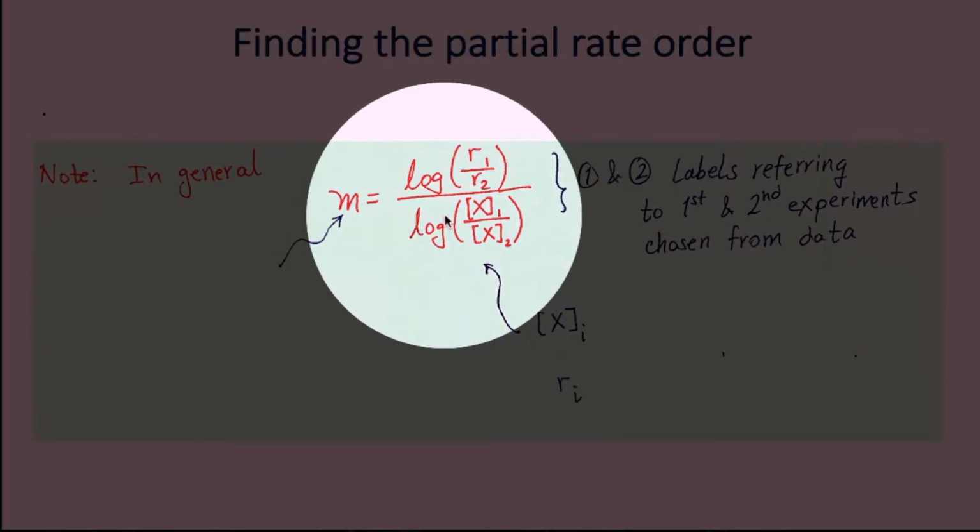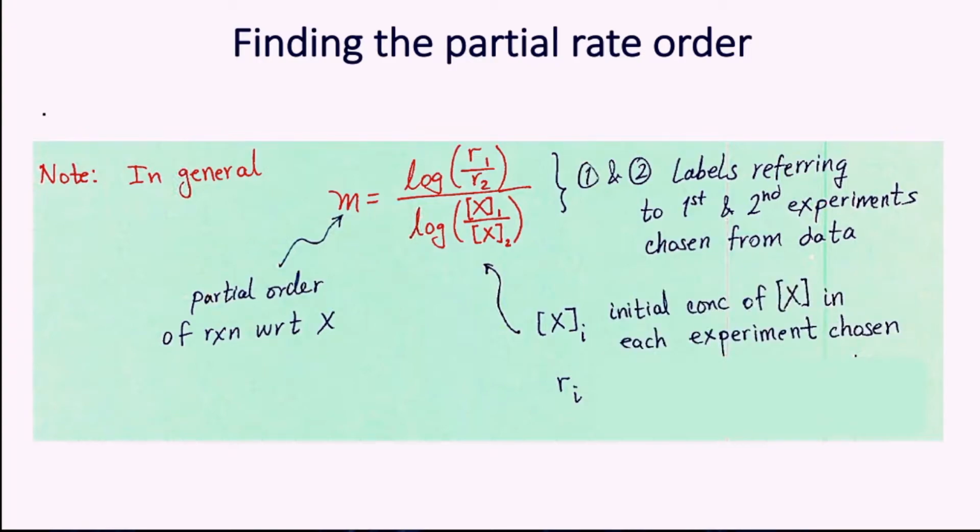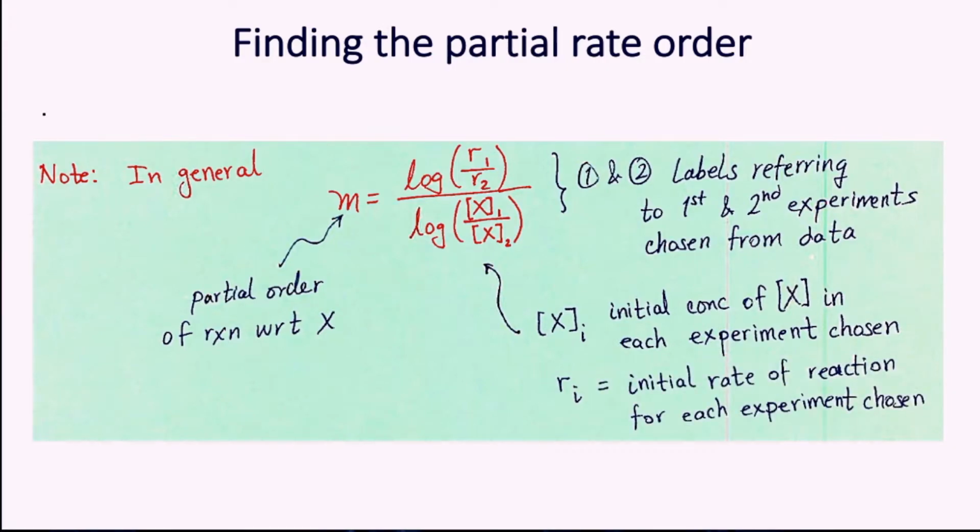Now, 1 and 2 in this expression are just labels referring to the first and second experiment that you're choosing among the data that you're given. Remember, m is the partial order of reaction with respect to the component A. X_i is the concentration of that one component in each of the experiments. R_i is the initial rate of reaction for each of those experiments that you are choosing. Okay, let's do it.